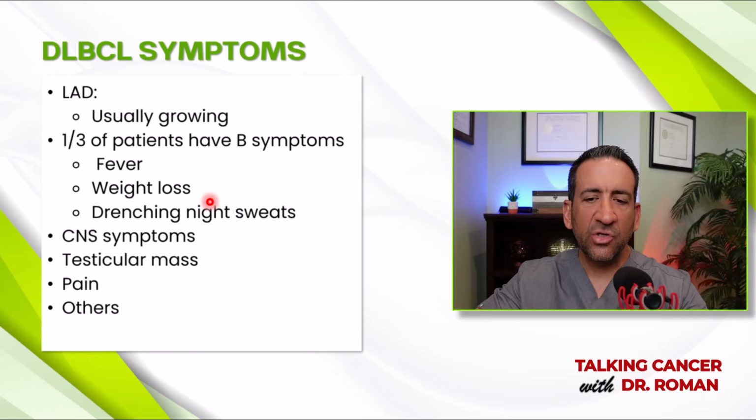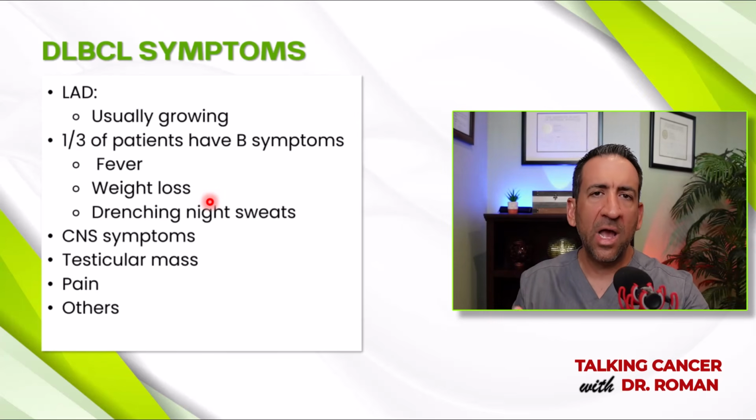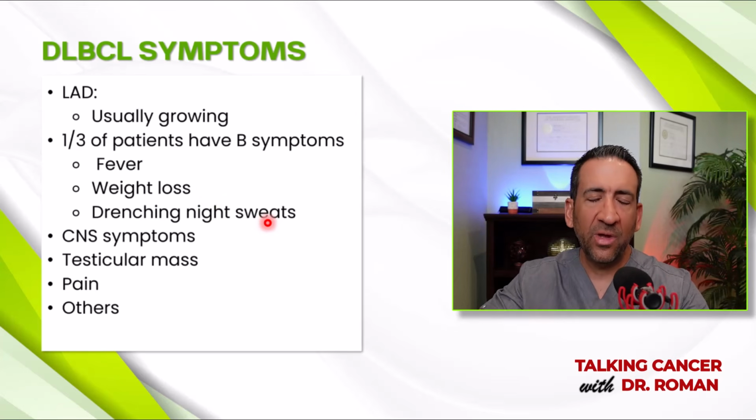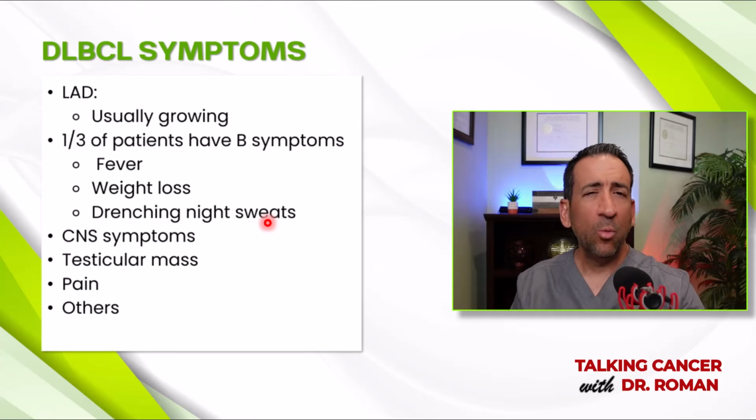The weight loss is usually unintentional. So it's a patient that'll tell you, doctor, I do not know why I'm losing weight. I'm not exercising, or I'm not having any special diets, and I continue to lose weight. That's another B symptom. And the third one is drenching night sweats. It's important that you keep in mind that we all sweat at night. That's normal.